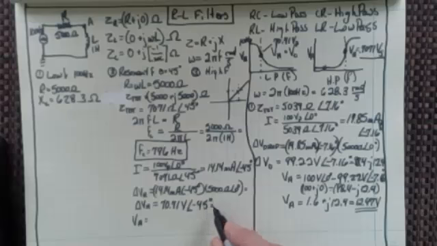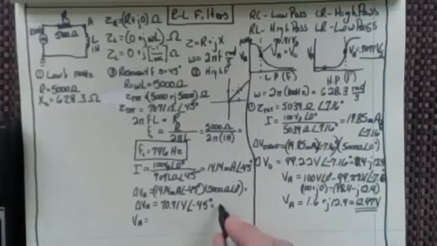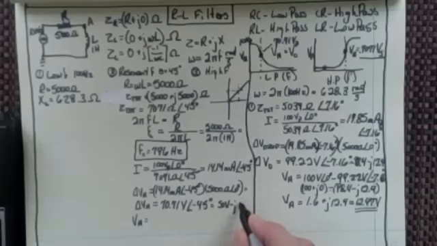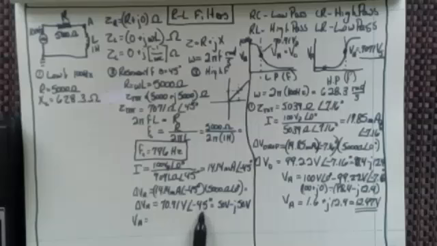In fact, why don't I write this out? Because if that's at minus 45, then really this is going to be, and I'll let you do this on your calculator yourself, 50 volts minus j50 volts. How do I know that? Well, I know that the cosine of negative 45 degrees is 0.7071.